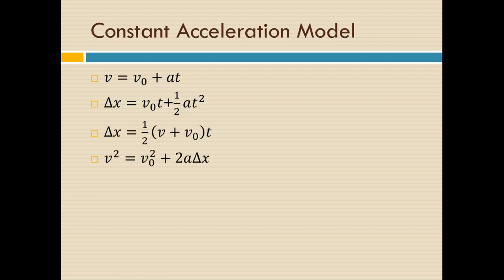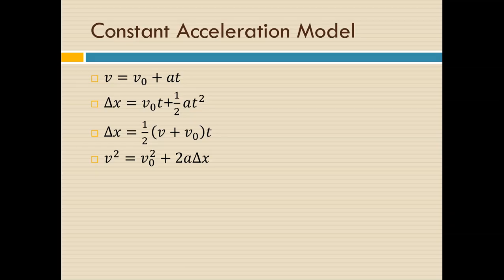These four equations, v equals v0 plus at, delta x equals v0t plus 1/2 at squared, delta x equals 1/2 (v plus v0) times t, v squared equals v0 squared plus 2a delta x. Every single one of those equations comes out of that. That is my mathematical model for constant acceleration. Following along now, guys?